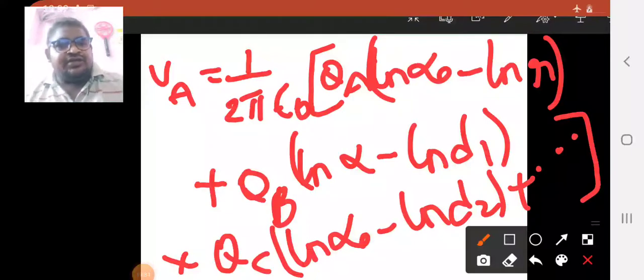So how can I simplify this again? First let me separate the infinity terms common and the remaining terms common.